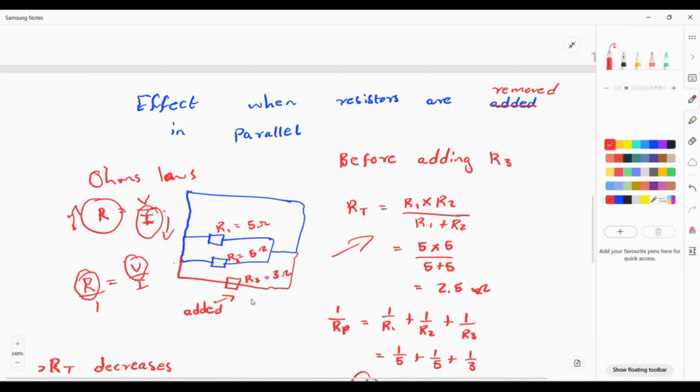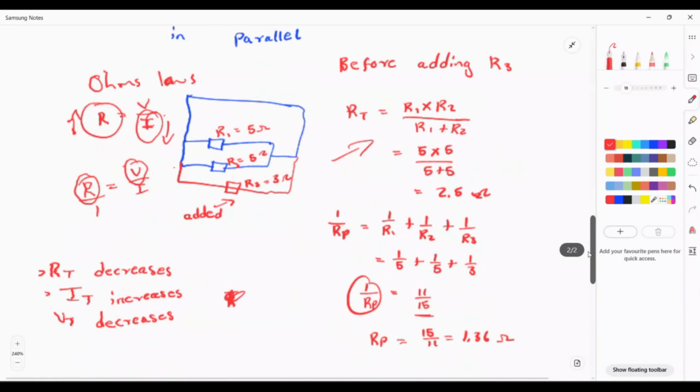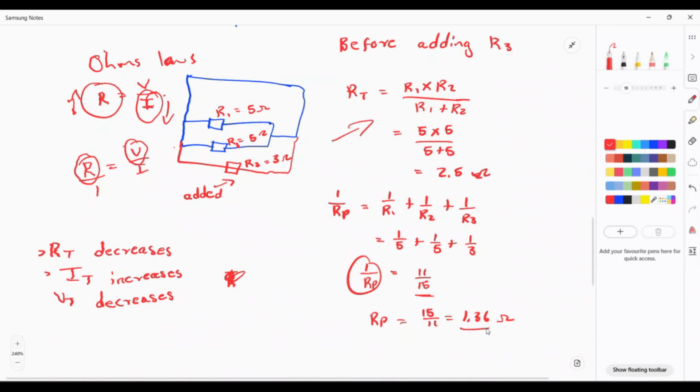Okay, let's assume that we were having R1, R2, R3, and the total resistance that we got was 1.36 over there. But now we are removing R3. When we remove R3, our total resistance is going to be 2.5, which means the total resistance has increased.